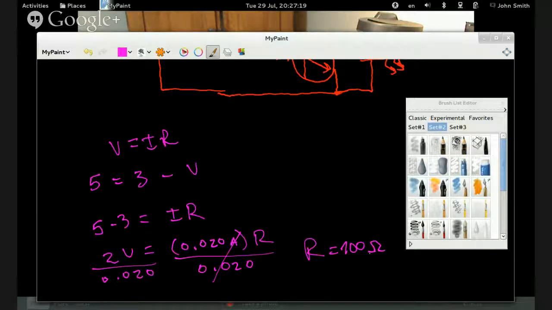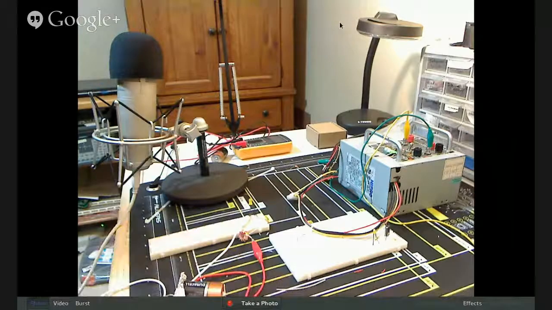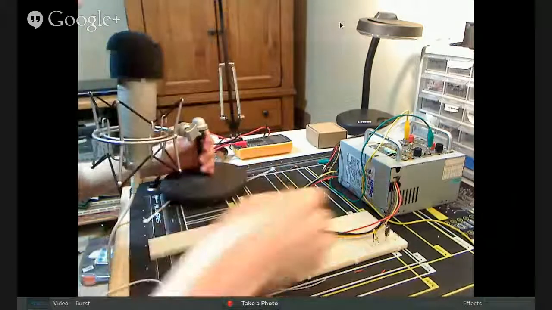There we go. So we need to limit our LED here to 20 milliamps. Right, to limit that, we're going to need a 100 ohm resistor.